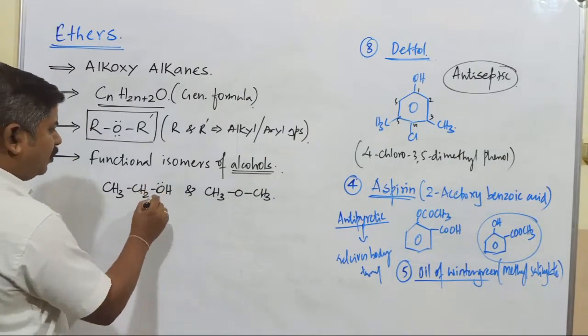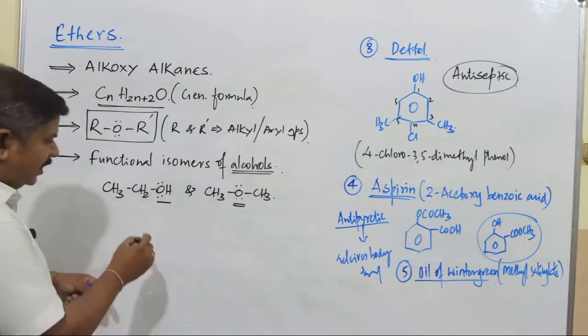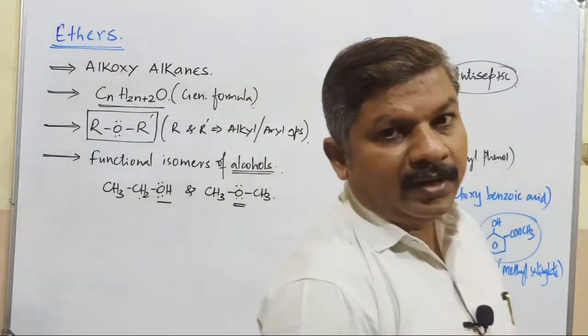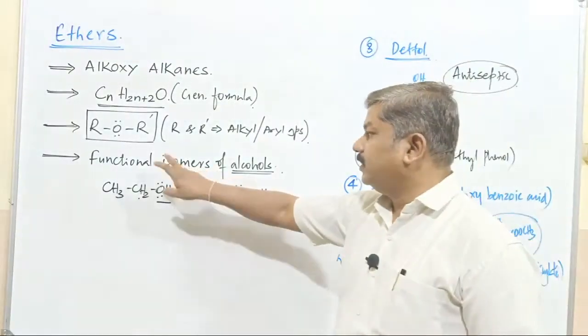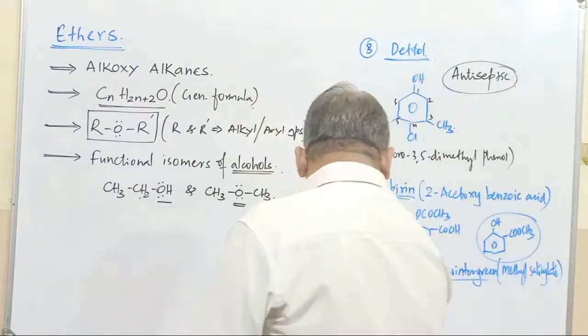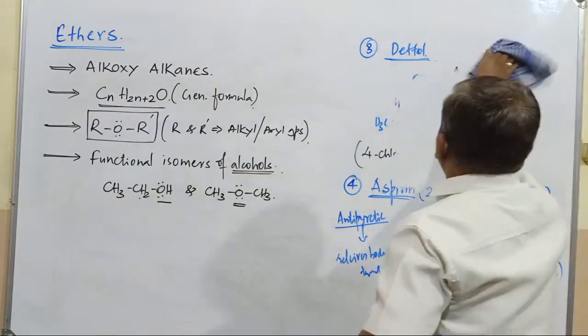But here the functional group is alcohol, and here the functional group is ether, having the same molecular formula. So these are functional isomers of alcoholic compounds. Then what are the different types of ethers we come across in our discussion?